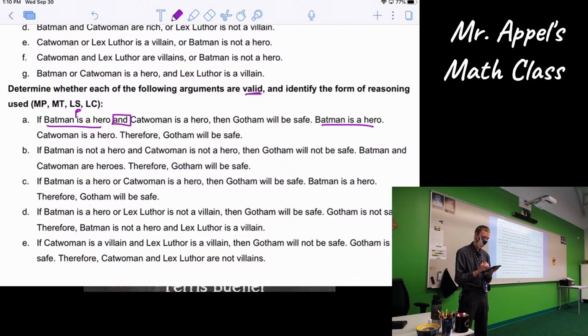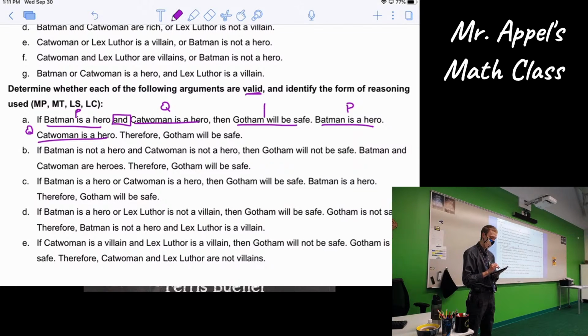Call that statement P, this would be statement P. Catwoman is a hero, call that Q. So really it's if P and Q together. And I do have P and Q. And so if I have P and Q, then I get to state this: Gotham will be safe.